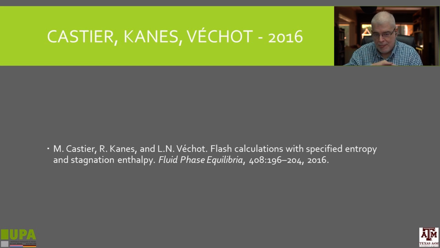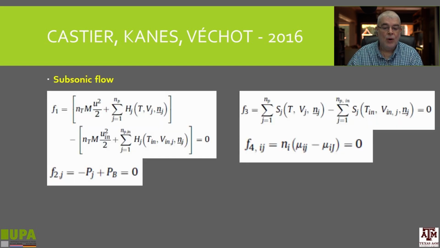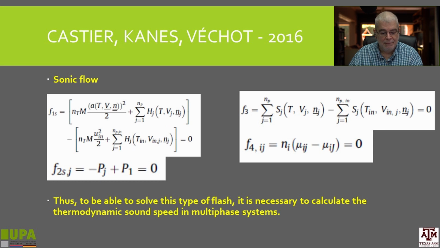Again, I'm not going to discuss the details of the algorithm, but I may have two situations here. I may have a subsonic flow, or I can have a sonic flow. So this is the energy balance, this is entropy, mechanical equilibrium, and this is phase equilibrium, equal chemical potentials. If I have a sonic flow, now the kinetic energy of the output stream depends on the sound speed.